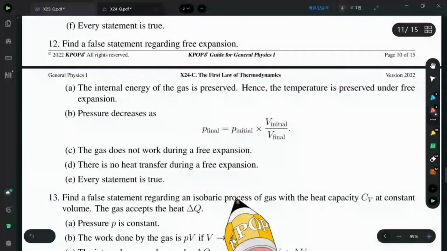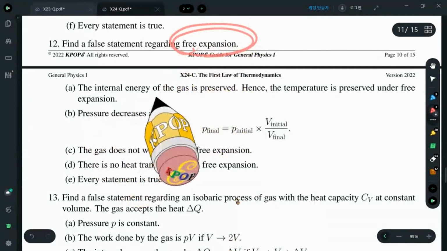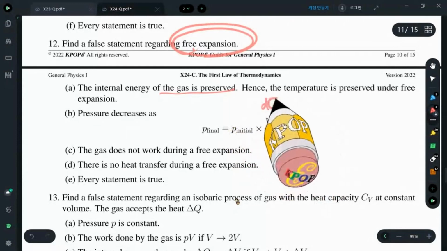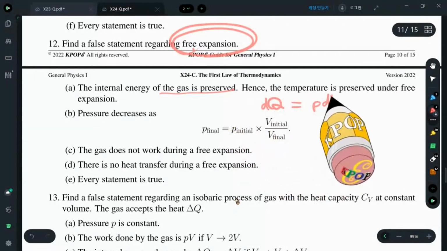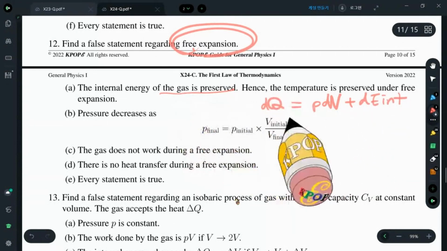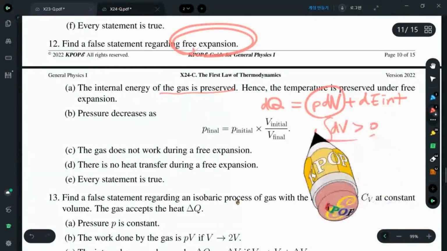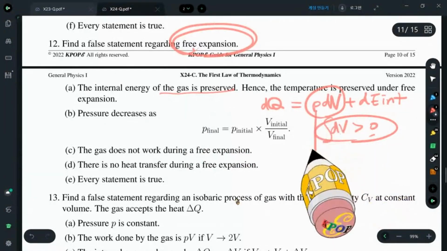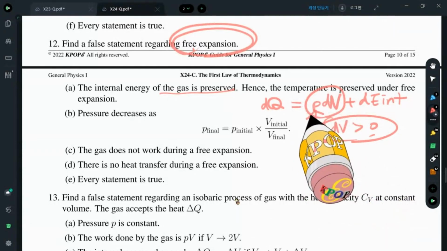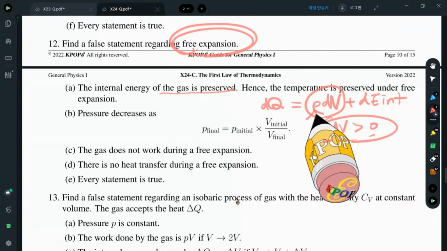Number 12. Free expansion. The internal energy of the gas is preserved. In free expansion, dQ equals PdV plus dE internal. Although the pressure is positive, the pressure should be used only if the gas is in equilibrium with the outside.